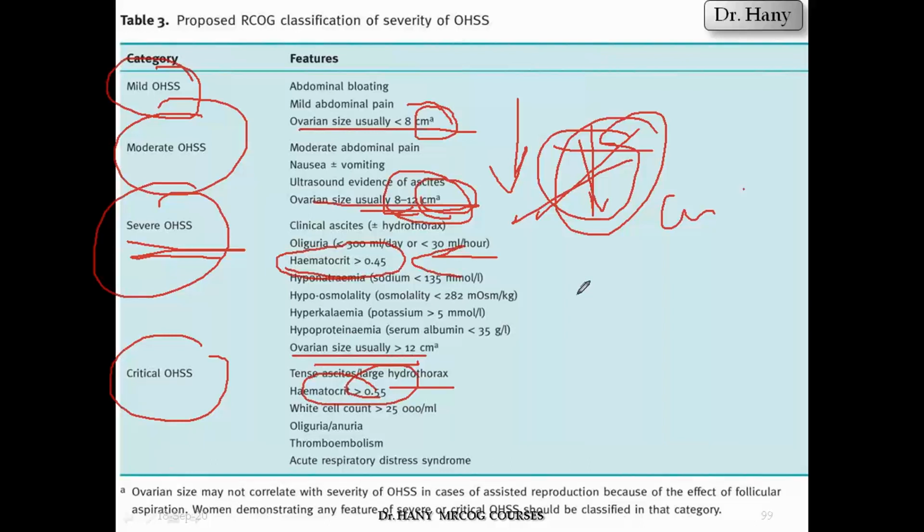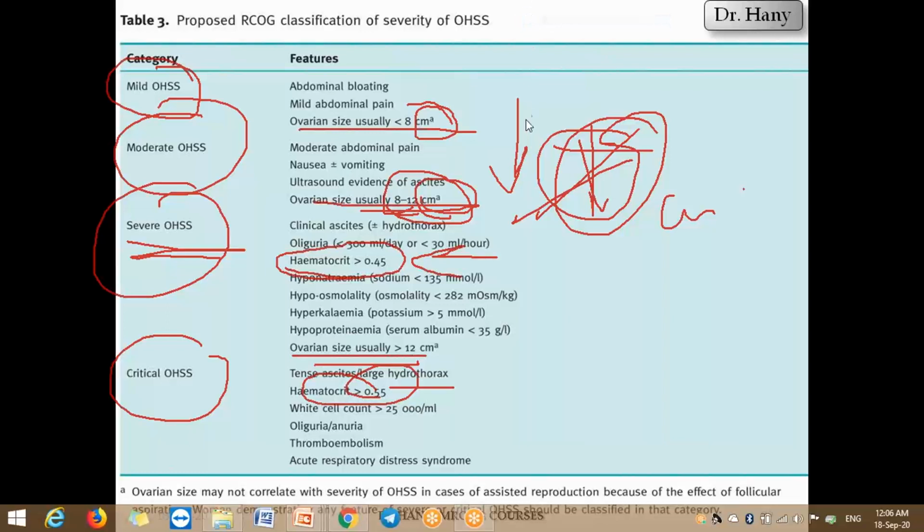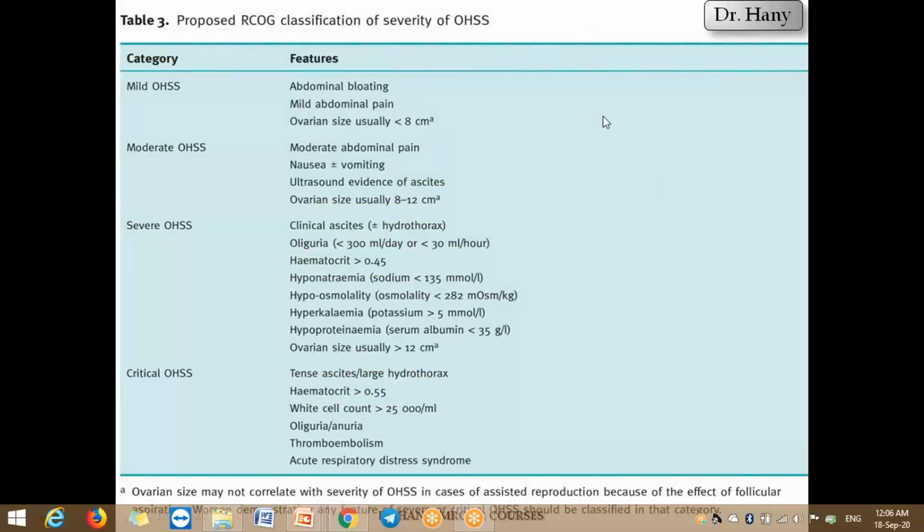Critical: tense ascites, hematocrit level more than 0.55, oliguria, thromboembolism or acute respiratory syndrome. Classify and know the stage to know the management. Non-steroidal anti-inflammatory is a killer. So ibuprofen is contraindicated in ovarian hyperstimulation syndrome.